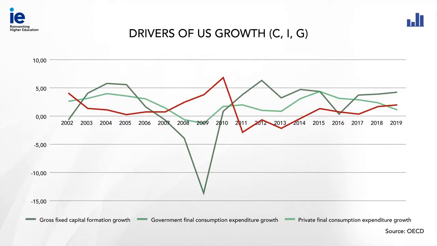And sometimes you see this one trying to compensate for the others, like trying to grow more when investment is falling and then declining a bit when investment comes back and takes an important role in the entire economy. So this gives us a sense of the different dynamics of the different parts of GDP in the United States and in most countries.